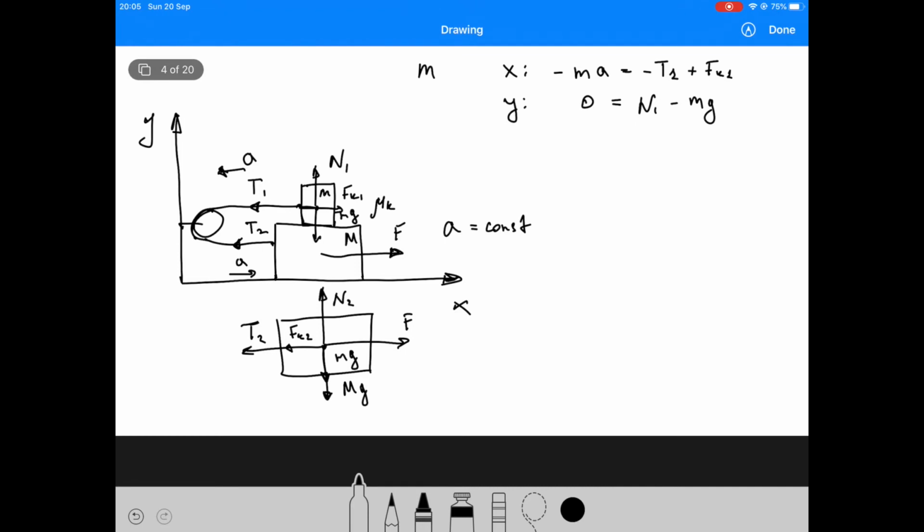Okay, let us write for the large bottom body.